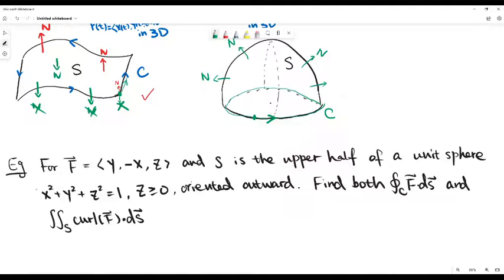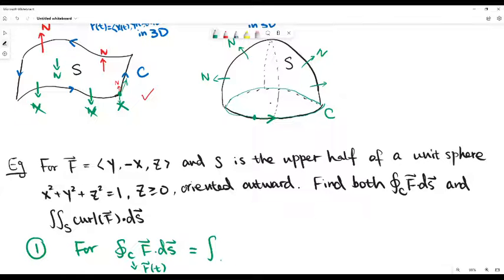So for the line integral, remember, the formula for the line integral, the basic one, is that we need to figure out what the parameterization of this curve C is. And the C only depends on one parameter, t.